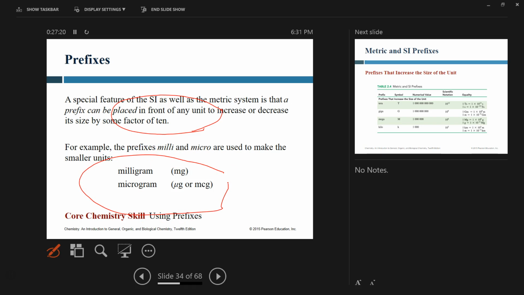So here's the example of prefix. For instance, the unit of mass is a gram, right? A gram of something can be a lot, especially if it's a drug. For instance, when you get your ibuprofen prescription, first of all, you can buy ibuprofen without the prescription, right? Over the counter, have you ever looked at the dose? It's 200 milligrams per pill, okay? So your prescription dose will usually be 600 or sometimes 800 milligrams.